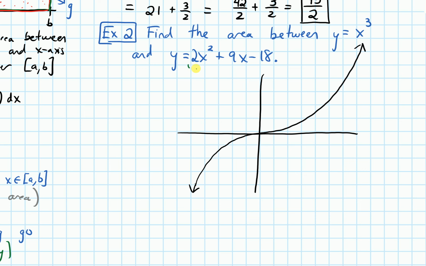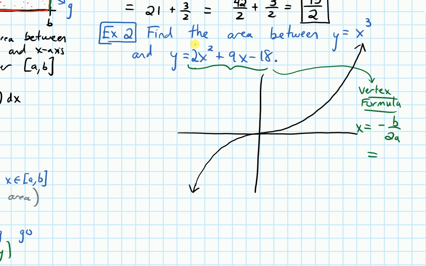And one thing that can help me know roughly where this parabola is is using the vertex formula to get the x-coordinate of the vertex. So from the vertex formula, we get that x equals negative b over 2a, where the b is the coefficient of x.